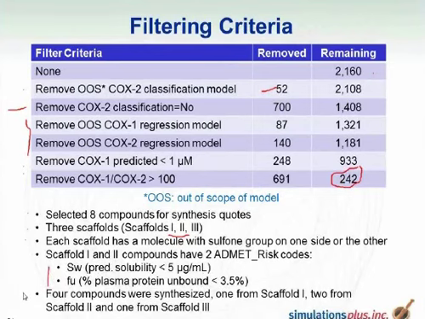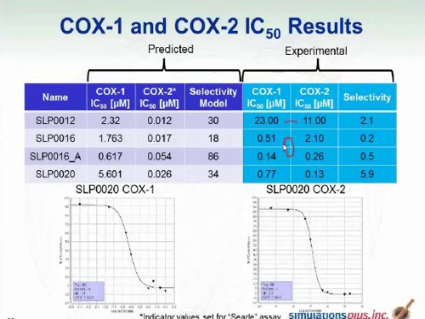These next 2 compounds are of the same core, and we have the same substituents, but we just switch the substituents around. The first compound has the sulfone on the same side as the substituent, and that shows a preference for COX-1 over COX-2.